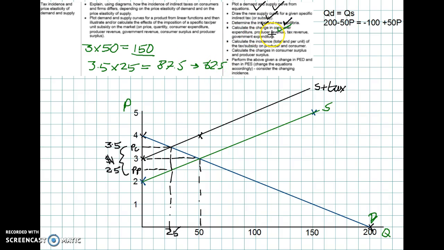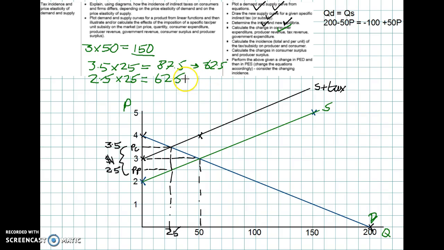Okay, so now we're looking at producer revenue. Same again. We look at the price that producers get, 2.5, times by the quantity. So the new quantity is 25, and that gives us 62.5. Okay, so 62.5.